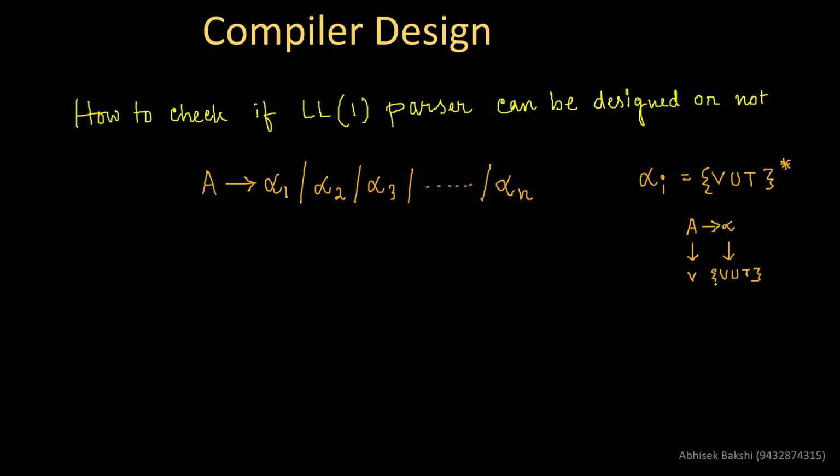I'm assuming that alpha 1 is not lambda or epsilon. If so, then what will I put in row A and column first of alpha 1?